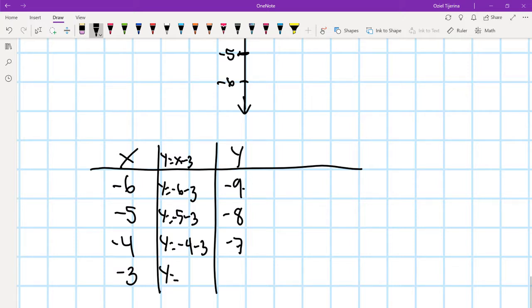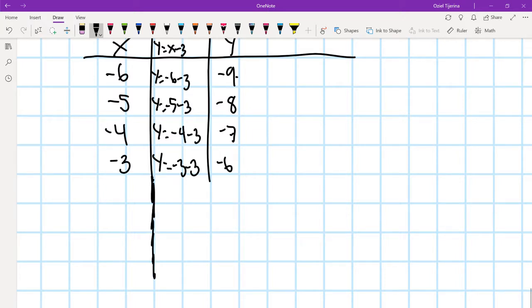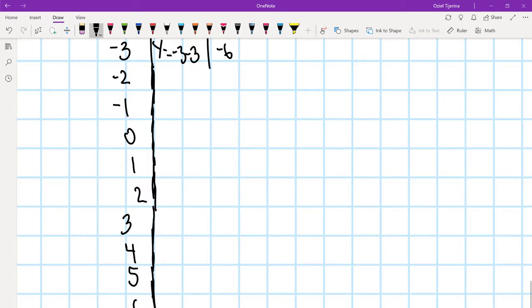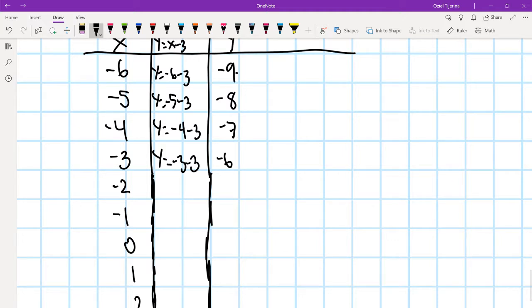If you do -3 minus 3 is going to be -6. So if you do y equals -2 minus 3 is going to be -5. Y equals -1 minus 3 is -4. Y equals 0 minus 3, -3. Y equals 1 minus 3, -2.